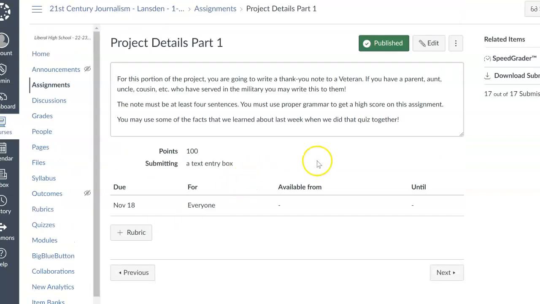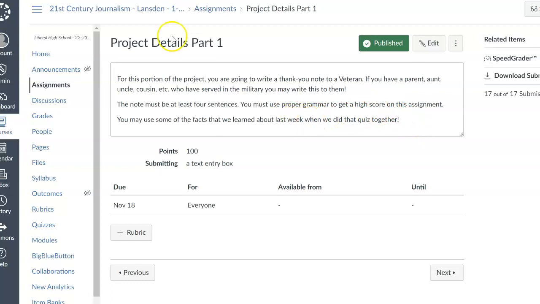Here's one that I had them do. I had them do a Veterans Day project in journalism. It just seems like a lot of kids today don't recognize our veterans or don't know what the day's about. So I had them do a two-part assignment. One was that they had to write a thank you note to either a veteran and their family or just an in general thank you to any veteran who has served.